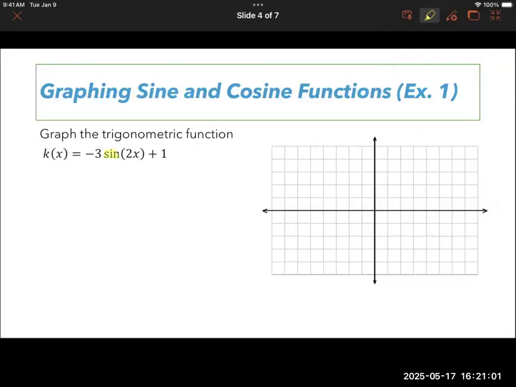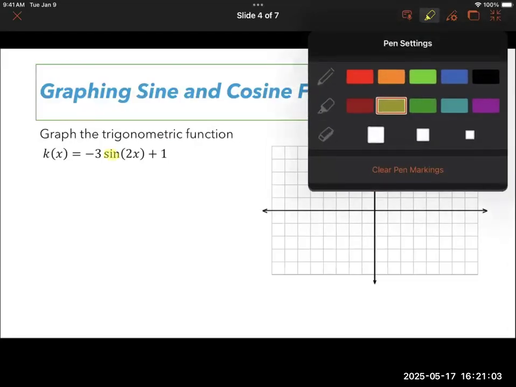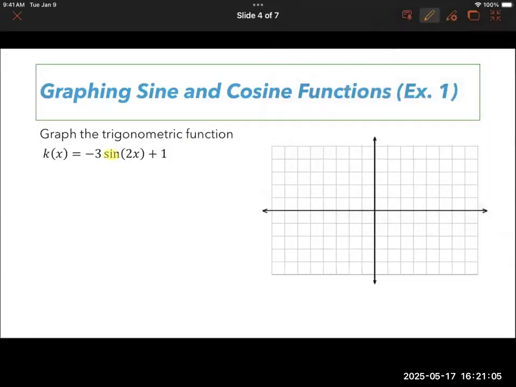In this case, we're talking about the sine, because that is going to allow us to decide what pattern we're going to be doing. So if I'm talking about a sine function, then in the parent function, we would be looking at 0, max, 0, min, 0. That would be the normal pattern that we would follow.